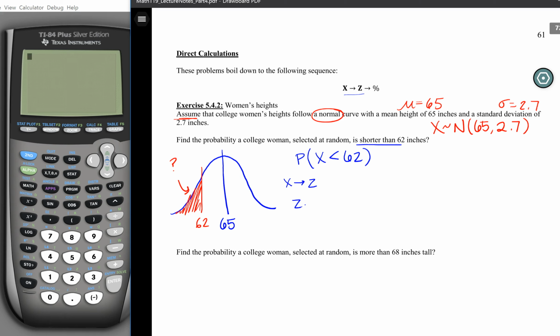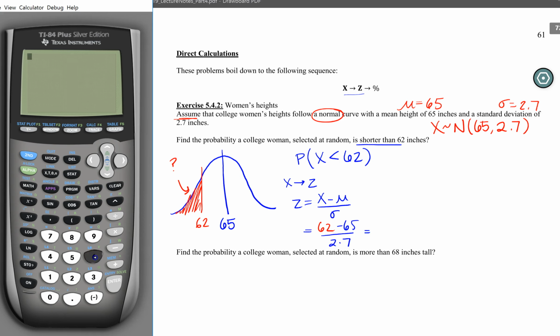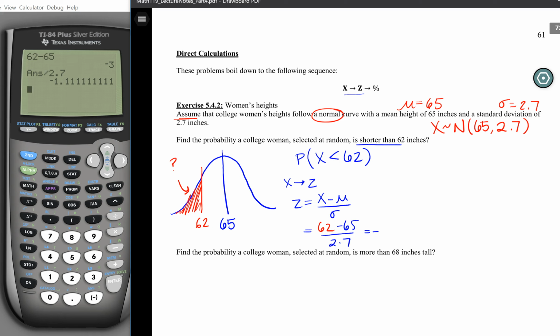We know our z-score is x, our observation, minus our mean, divided by our standard deviation, which is 62 minus 65 divided by 2.7. So we get a z-score of negative 1.11.